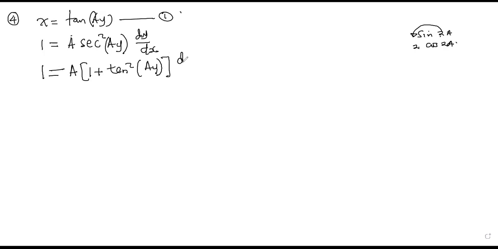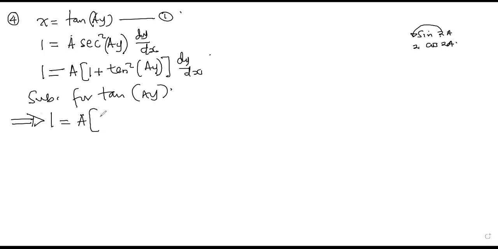Then of course dy dx. Now we can substitute for tan ay so that we move away this. So substitute for tan ay, it means that we shall have 1 is equal to a into 1 plus tan squared ay, where tan ay is x, meaning tan squared ay will be x squared, then dy dx, right?